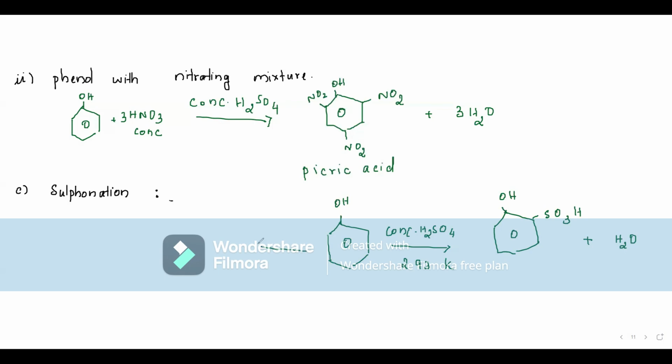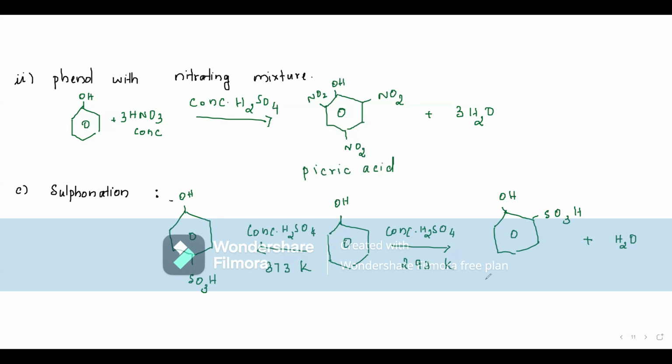But if the same reaction, phenol, is treated with concentrated sulfuric acid, the temperature is different. 373 Kelvin, that's 100 degrees Celsius. Okay, then the product will be phenol, OH on the benzene ring along with para position having SO3H. So this is a para product at 100 degrees Celsius, and at room temperature, you get the ortho product.